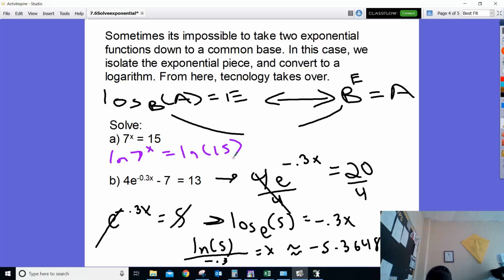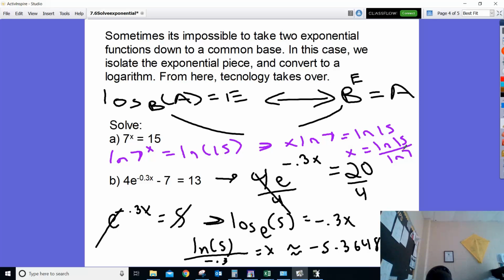Where's the x go? It goes in front. X natural log of 7 equals the natural log of 15. And what do you divide by? That same thing we had before? It better be. And it's a lot easier mentally.